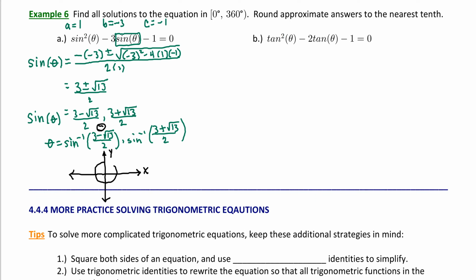Sine is negative in quadrants 3 and 4. But recall, the range of inverse sine is from -90 degrees to 90 degrees.